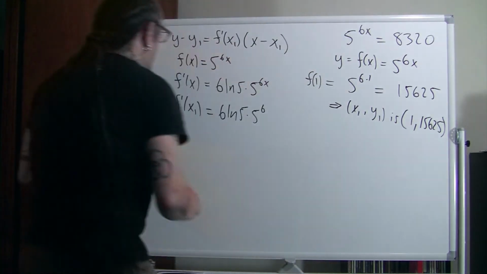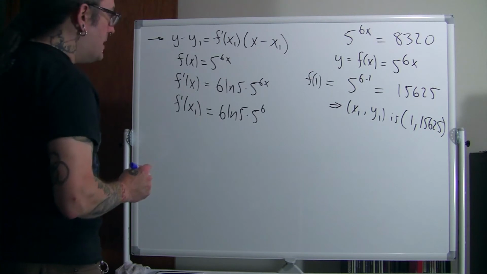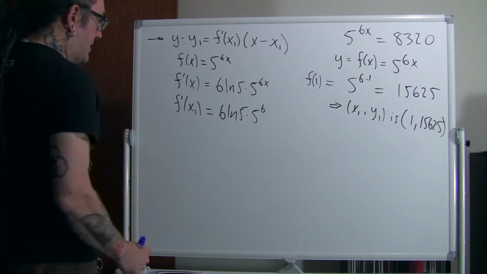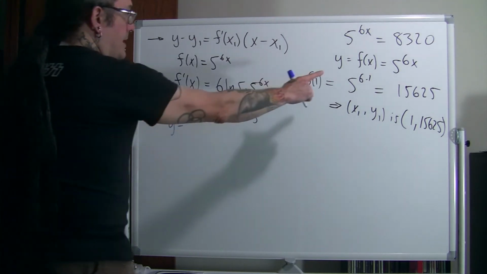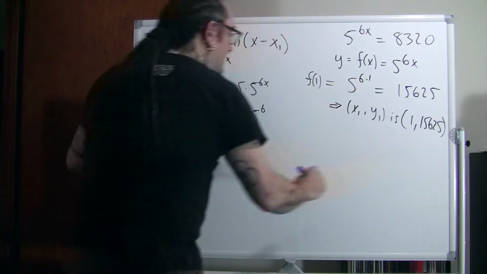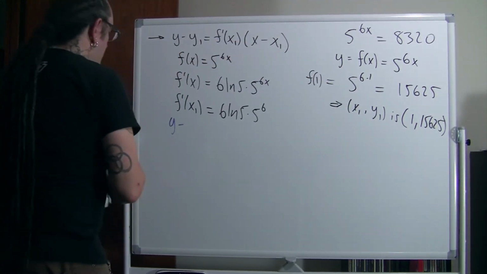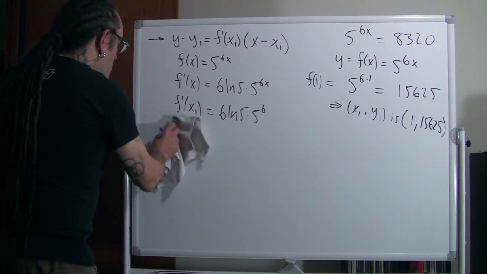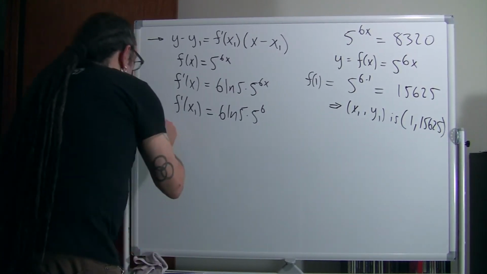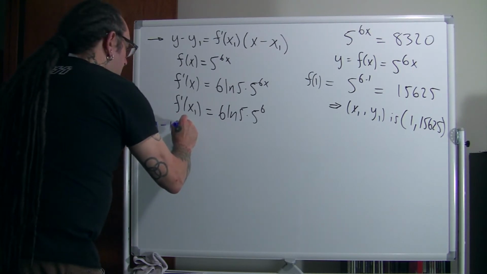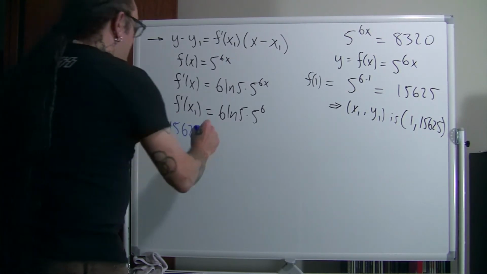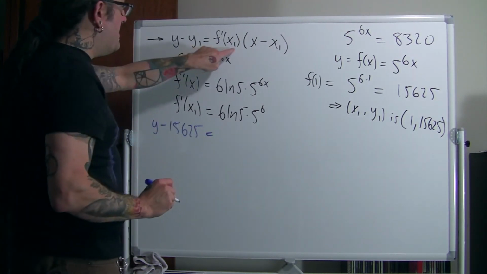I'm going to continue down and see how weird this gets. Okay, y minus y1, 15,625, equals f prime at x1.